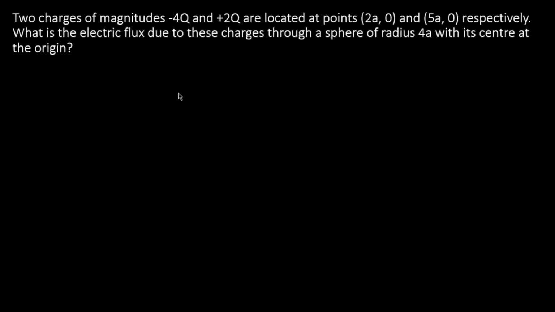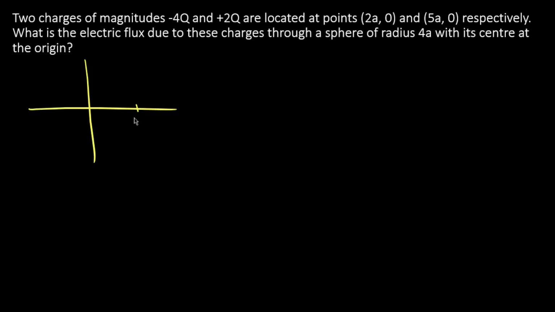Two charges of magnitude minus 4q and plus 2q are located at points 2a and 5a on the x-axis respectively. What is the electric flux due to these charges through a sphere of radius 4a with its center at the origin? So let's draw the x-axis and y-axis, and we have a sphere of radius 4a.